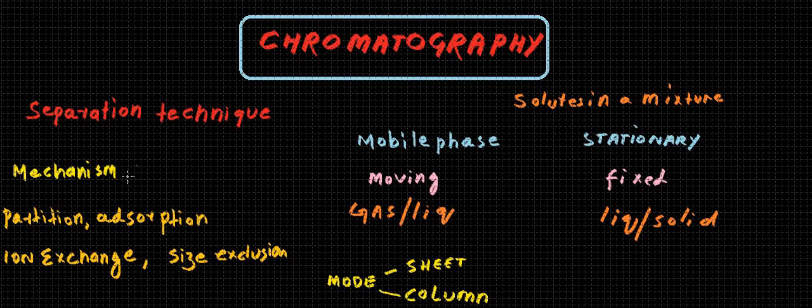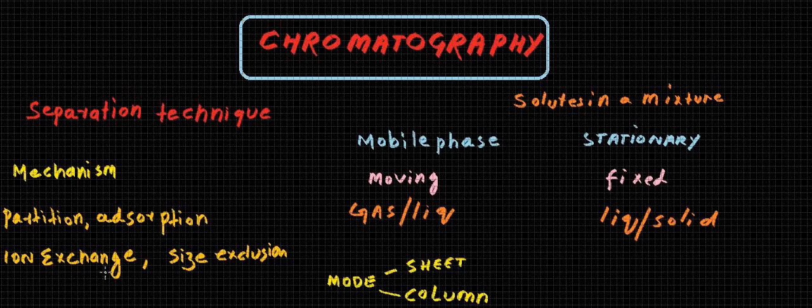And as far as the mechanism is concerned in chromatography, this separation can be done by means of partition, purely based upon solubility of a solute in mobile phase and stationary phase. It may be carried out by adsorption, where the solute will tend to adsorb at the stationary phase.